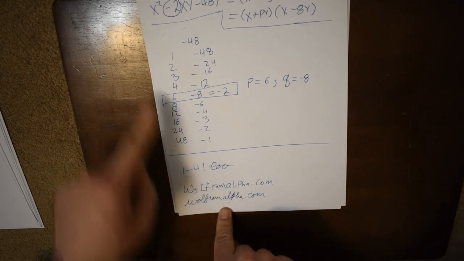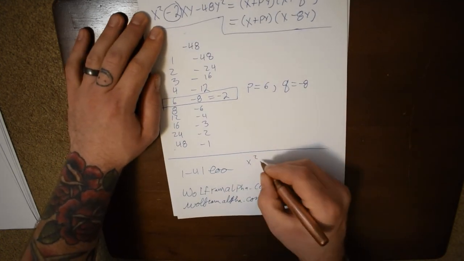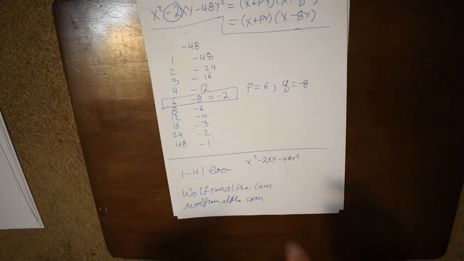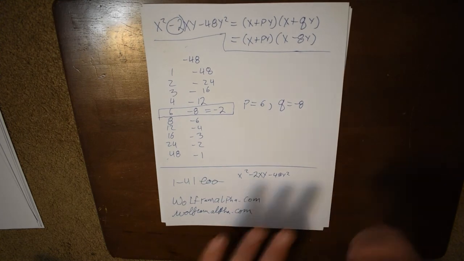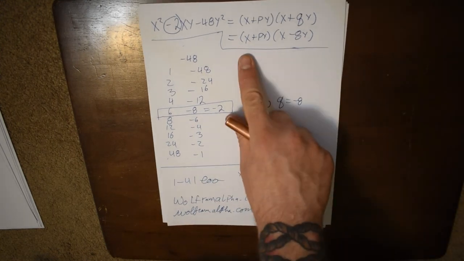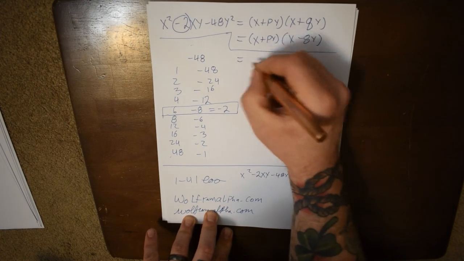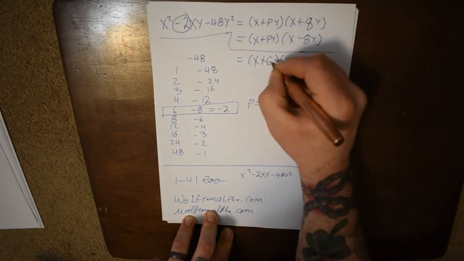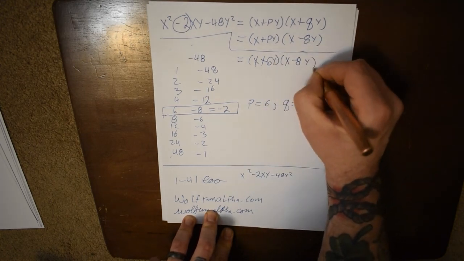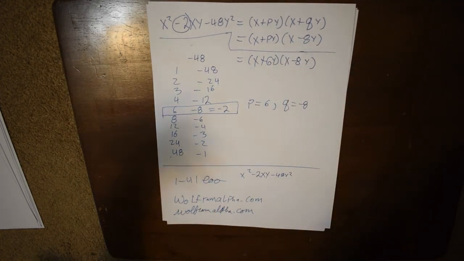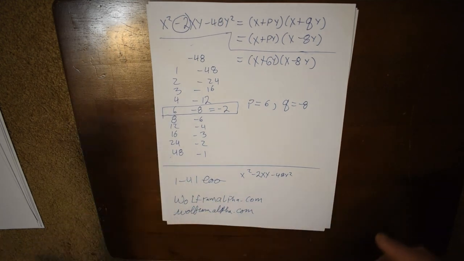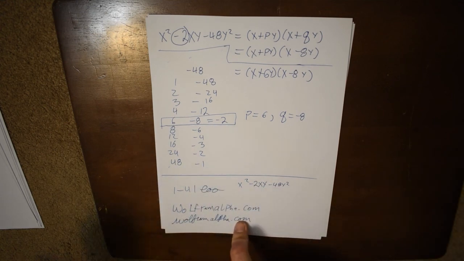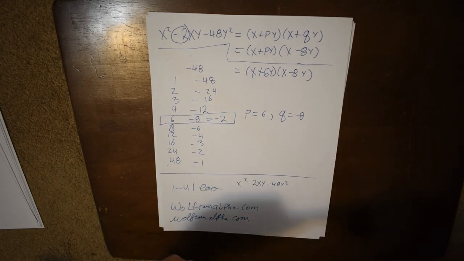If you plug in a polynomial like x squared minus 2xy minus 48y squared, hit enter, it'll kick you out x plus 6y times x minus 8y. Sorry about that, I wrote p there. P's and 6's apparently feel similar when I write them. So if you plug trinomials like this into wolframalpha.com, they'll kick you out the factors for it.